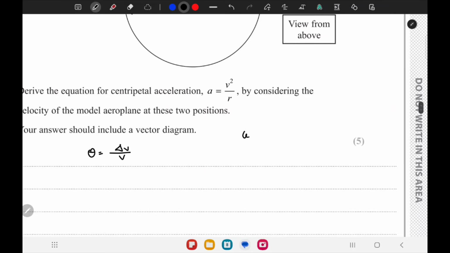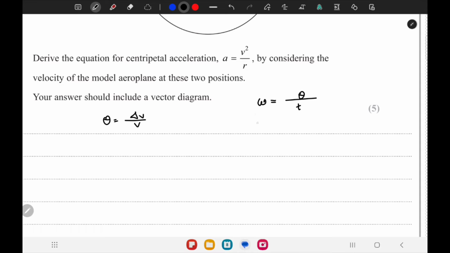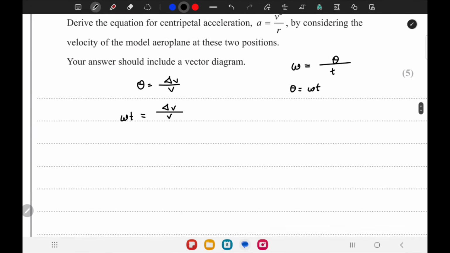Now we also know that the angular velocity is equal to the change in angle per unit time, so theta by t. So we can write theta equals the angular velocity times the time. So omega t would be equal to the change in velocity by the velocity.